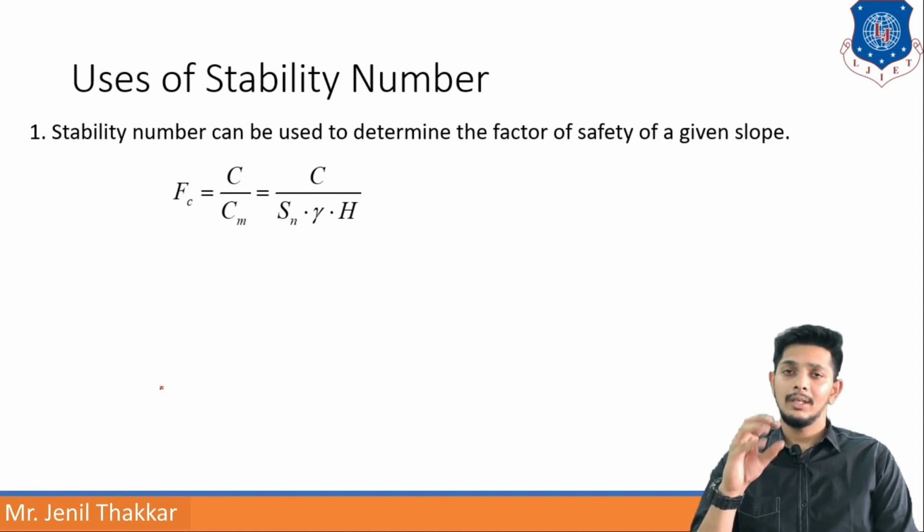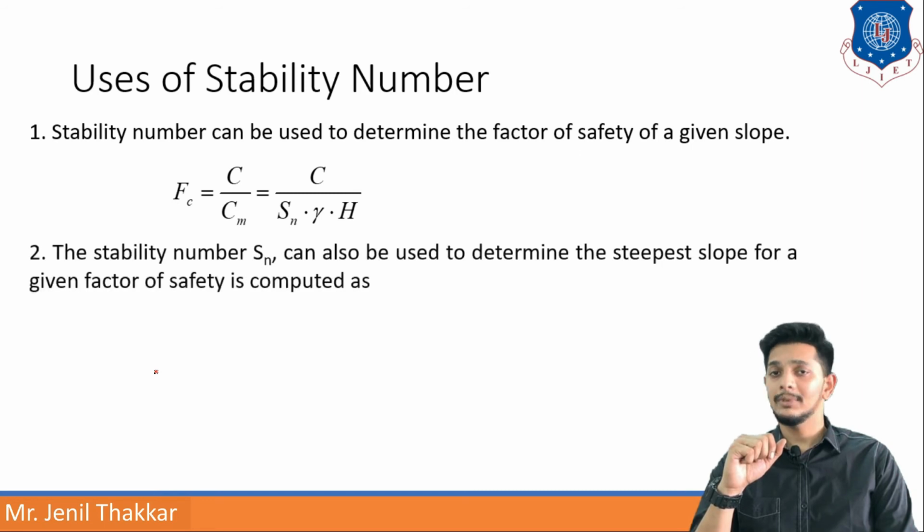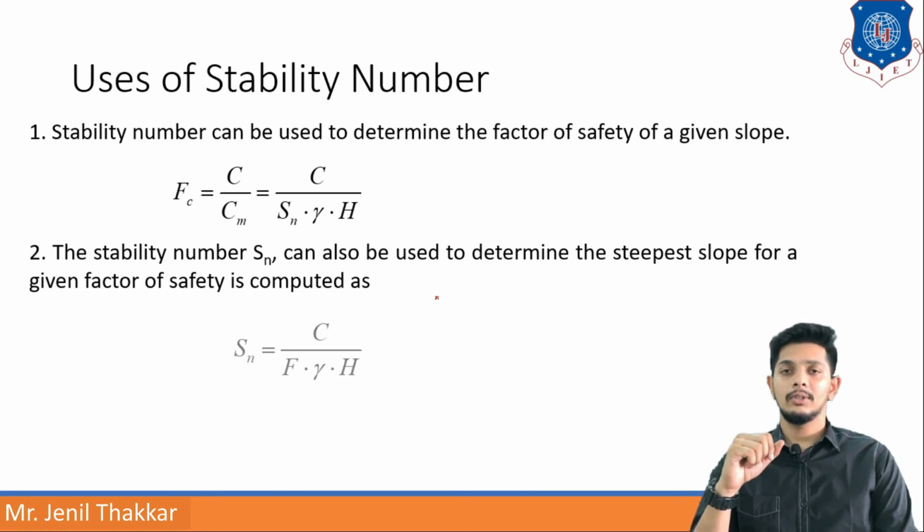So you can directly calculate the factor of safety from this equation. The stability number Sn can also be used to determine the steepest slope for a given factor of safety, computed with this formula: Sn is equal to C upon F into gamma into H. Let us move further.